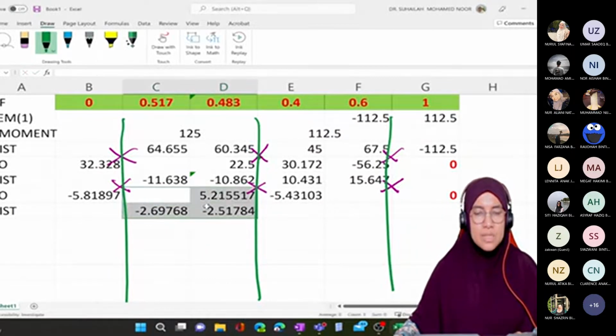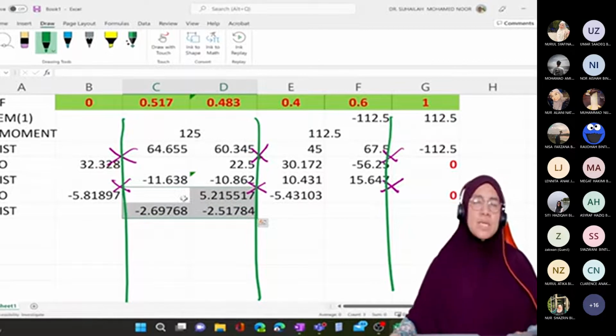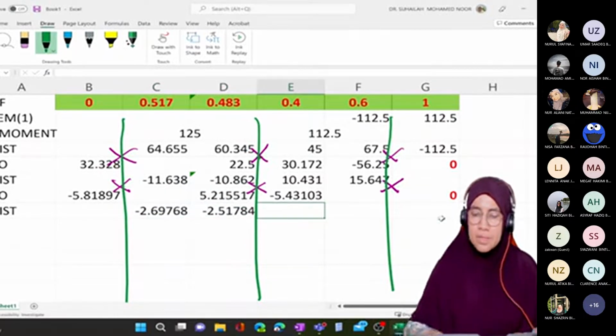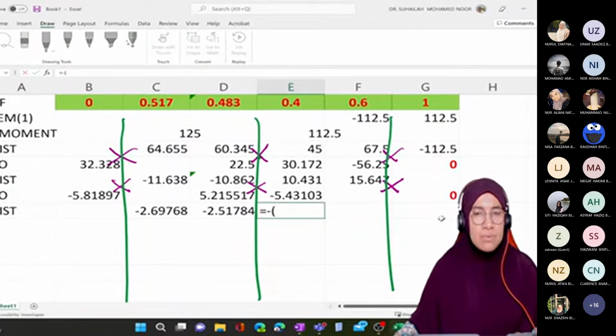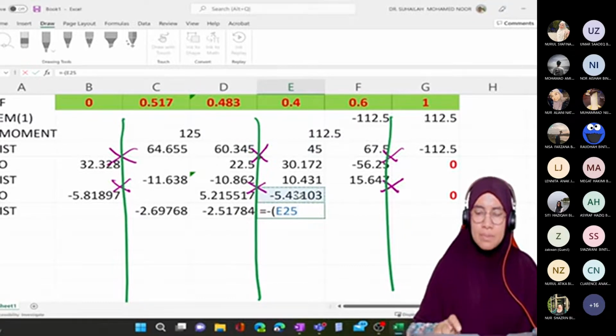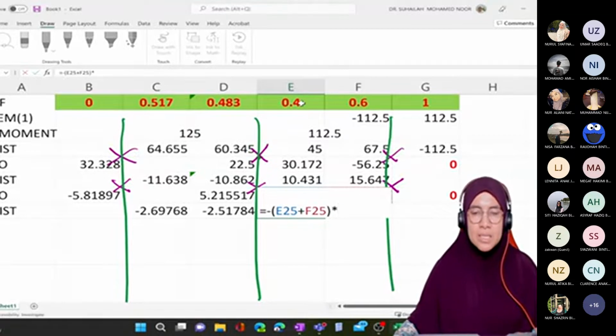Okay, these four totals must equal to 0. It is negative. I put negative to represent the opposite condition. Joint moment is opposite with member end moment. So I put negative. So this one plus 0 times the factor 0.4.